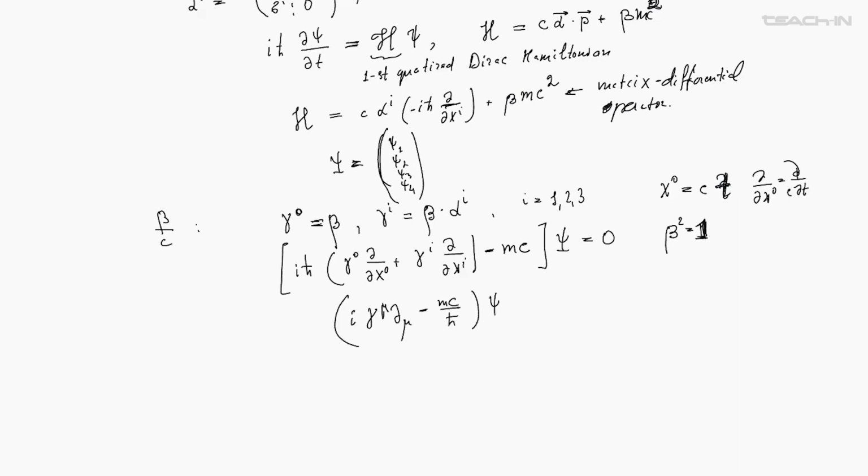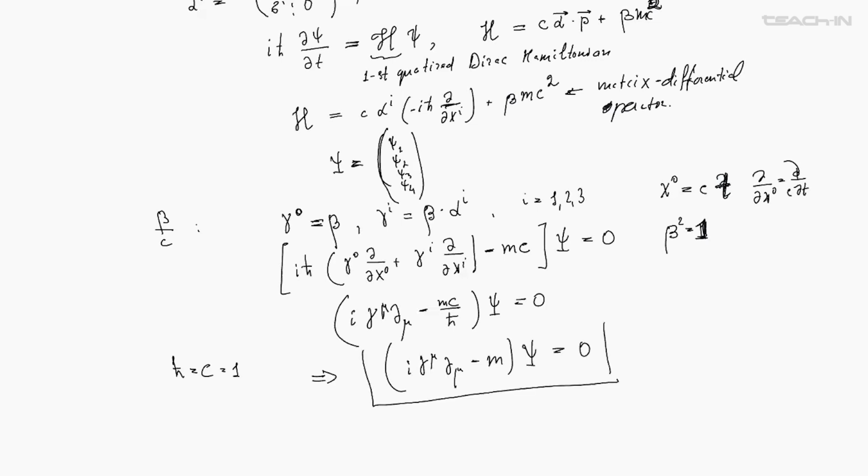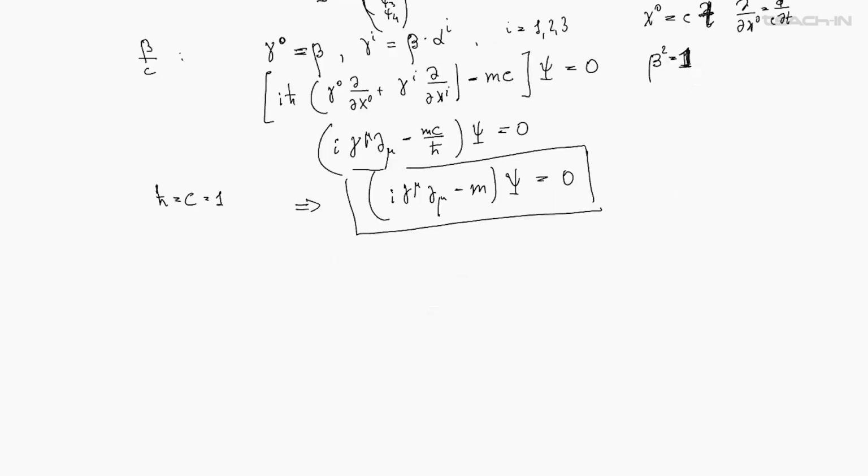Very often in the books, you see that with a natural choice of units, h bar is equal to c is equal to 1. Then this equation takes the form (i gamma^mu d_mu minus m) acting on psi is equal to 0. And this is the Dirac equation in the final form we would like to study. Any questions here? That is an important form to remember, to have in mind, and understand.